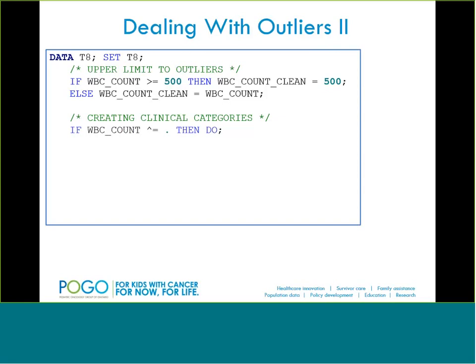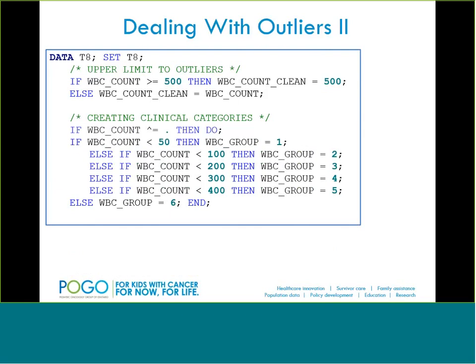So if it's not missing, then, I like to think of this as if the conditions to the left of the then do command are met, then I'm telling SAS what I want it to do. If they aren't met, then I don't want anything processed. Since I know that I have many missing white blood cell count data, I need to make sure that I deal with it and preserve the missingness while cleaning.